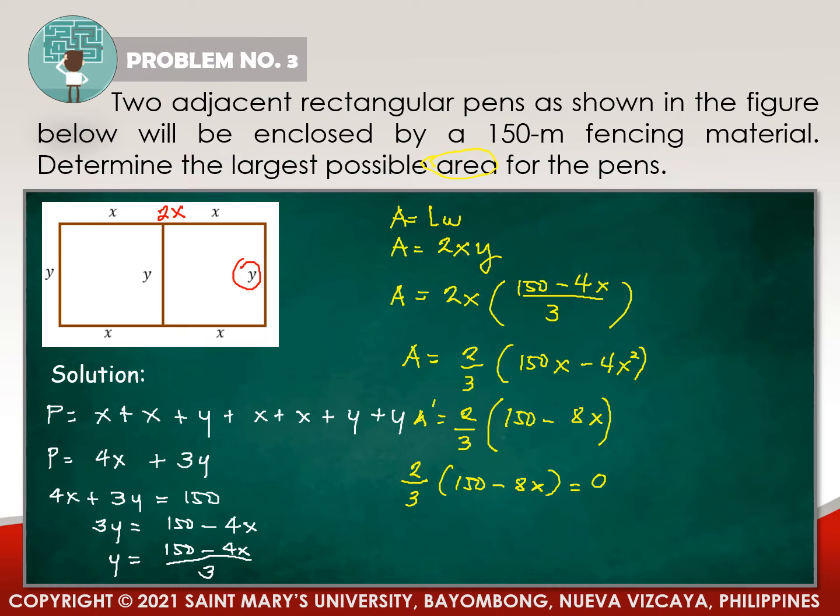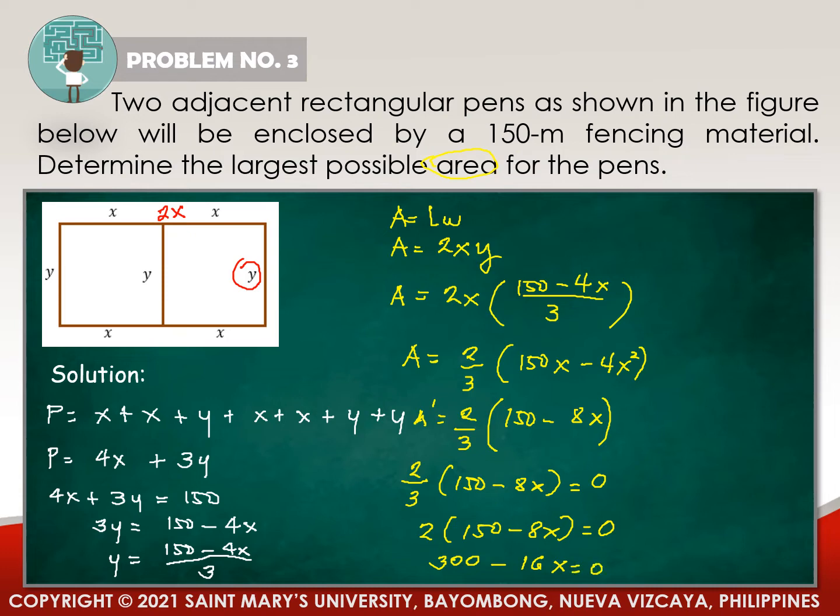So, i-multiply natin both sides by 3. So, makakancel yung 3. So, that means we have 2 times 150 minus 8x equals 0. Distributive property, 2 times 150 is 300. Then, 2 times 8 is 16. Ayan. And then, i-solve lang natin yung x.